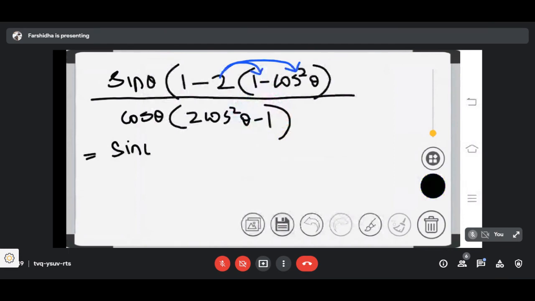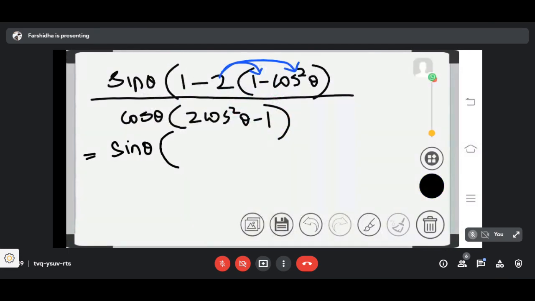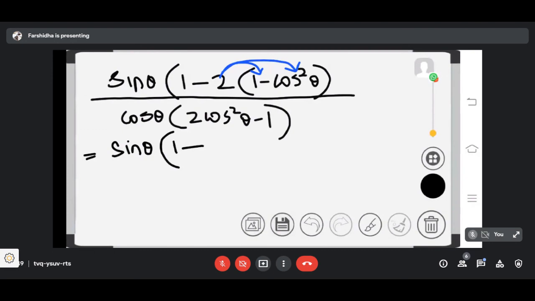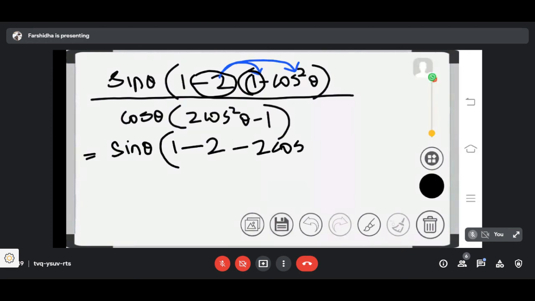So it will be sine theta into 1 minus, see, minus 2 into 1. Negative into positive, negative. 2 into 1, 2. So it will be minus 2. Next one, minus 2 into minus cos square theta. Negative into negative, positive.